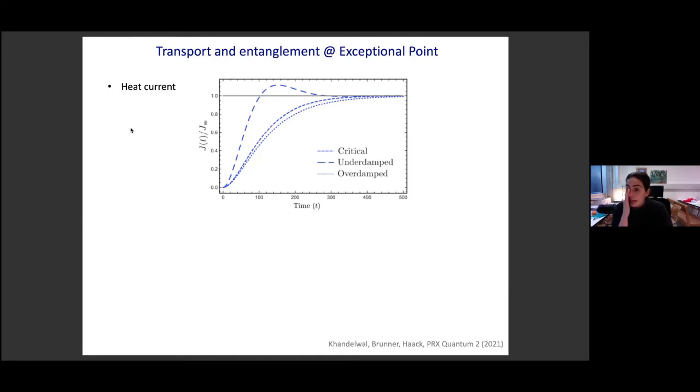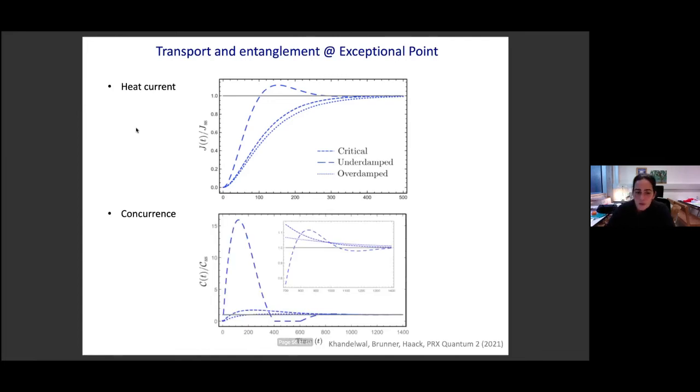And in fact, my colleagues in Geneva and I started looking at this model because we have been working on it for several years to show that you can create entanglement from thermal resources. So we also looked at a measure for entanglement, which tells you whether your state is entangled or not. This is the concurrence. Again, we plot the concurrence as a function of time normalized by the concurrence in the steady state, so that's why it approaches 1 at very long times.